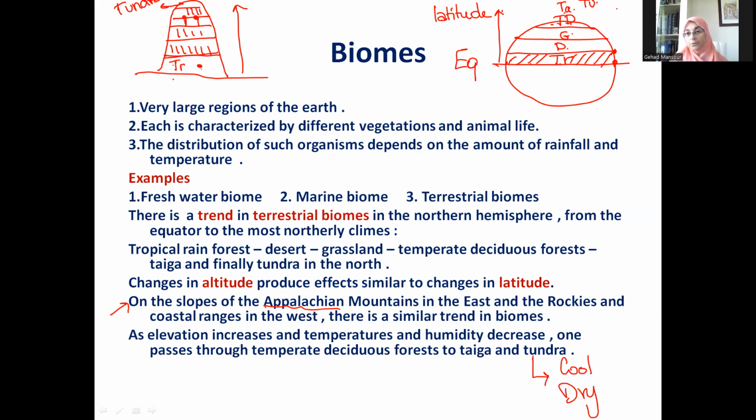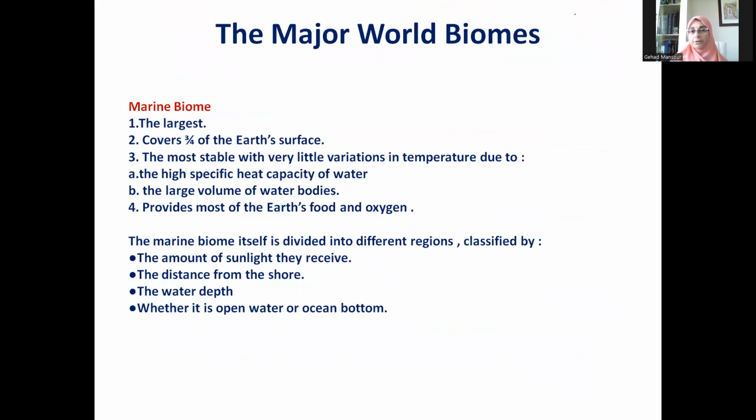At the northernmost areas of the Earth, we have a very cold atmosphere and dry weather, and this helps the life of taiga and tundra.